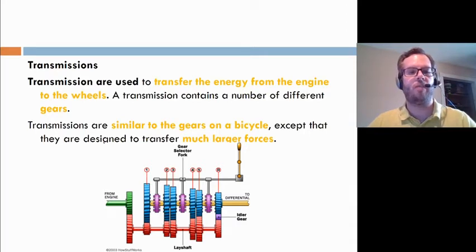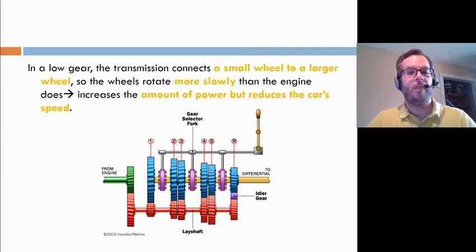So you can just remember that transmissions are for vehicles or machines and factories that deal with large forces, and gears are for much lower forces, for example, the gears on a bicycle.